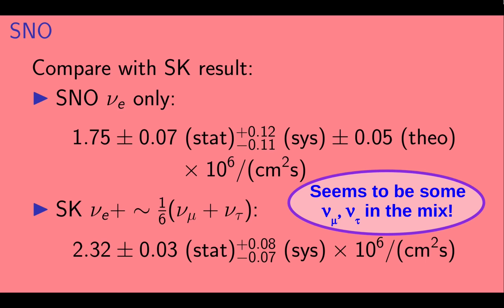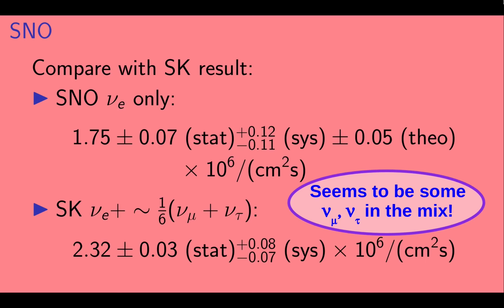As Super-K measures the electron neutrino flux plus about 1/6 of the muon and tau neutrino flux, we can take this difference of 0.6 to correspond roughly to 1/6 of the muon and tau neutrino fluxes. That would give a tau and muon neutrino flux of around 3.6 times 10 to the 6th per centimeter squared per second.